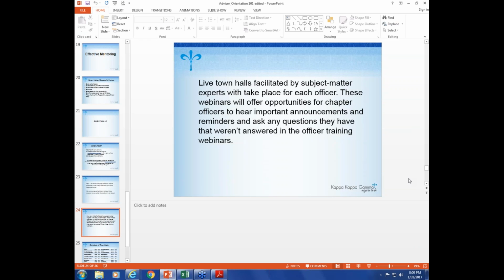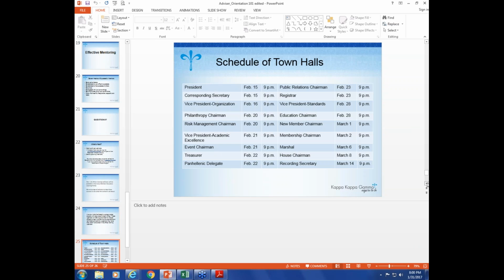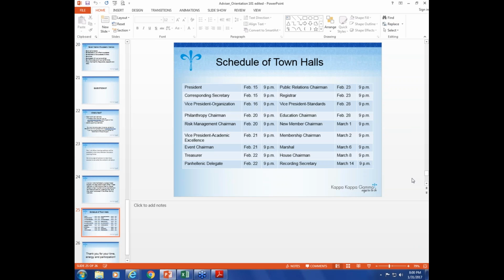So, you know, I'm going to click to the next slide so you can see the schedule of when the officers' town halls are. And so one of the things that you as an advisor can do is, if you're the Panhellenic delegate advisor, after February the 22nd, sometime after that, you might call her and say, hey, I want you to tell me one new thing you learned, or one new resource you found out about.